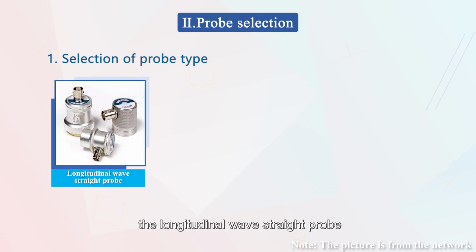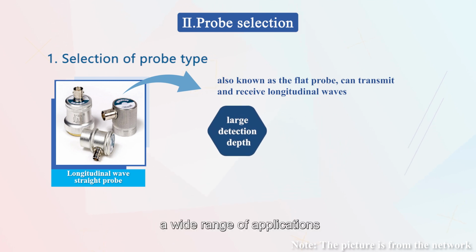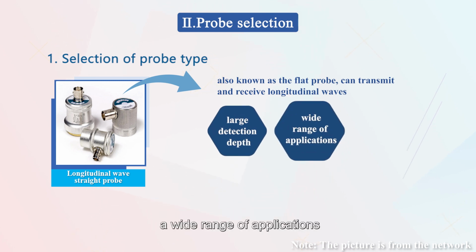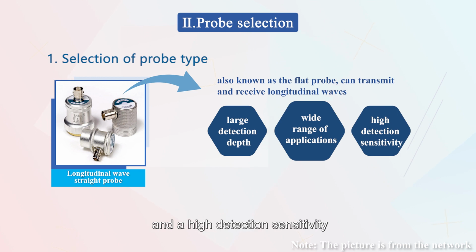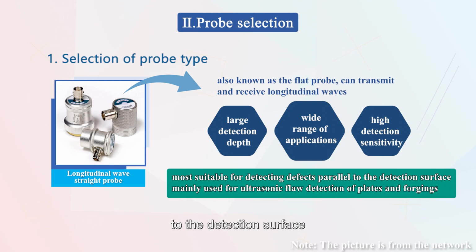Among them, the longitudinal wave straight probe, also known as the straight probe, can transmit and receive longitudinal waves, has large detection depth, a wide range of applications, and high detection sensitivity. It is most suitable for detecting defects parallel to the detecting surface. It is mainly used for ultrasonic flaw detection of plates and forgings.